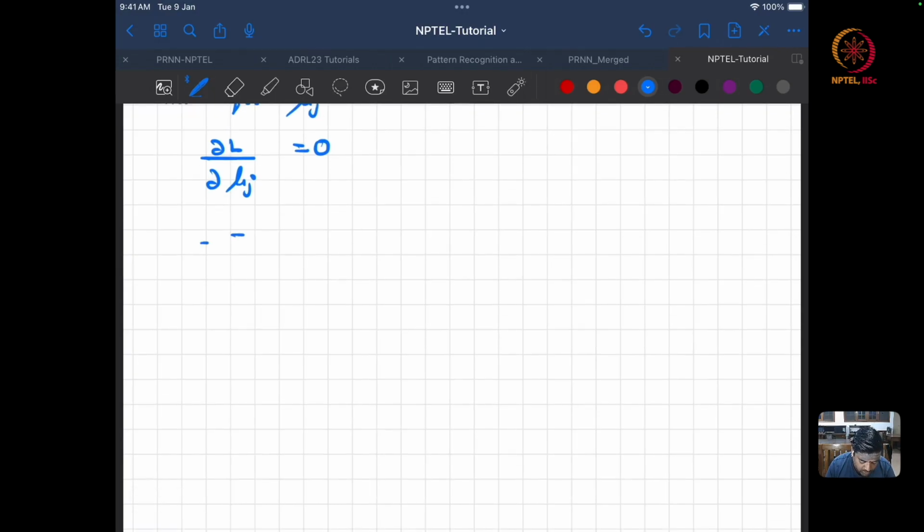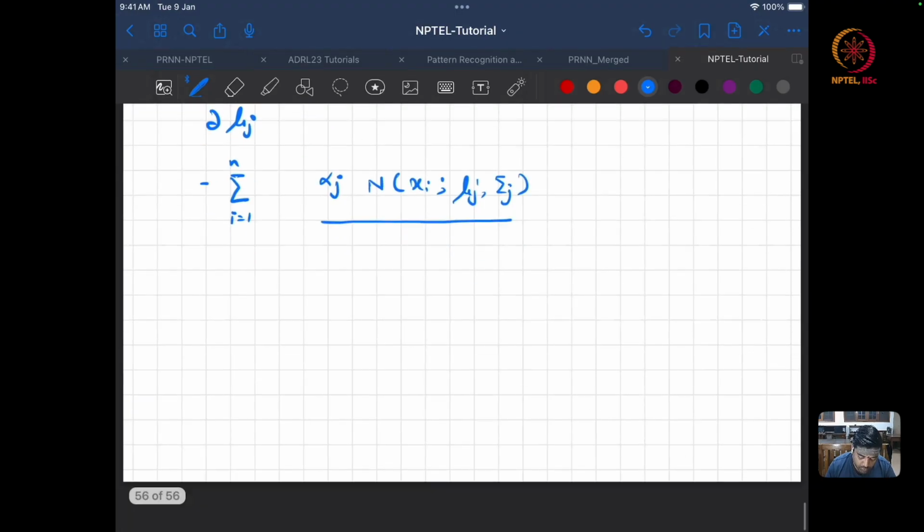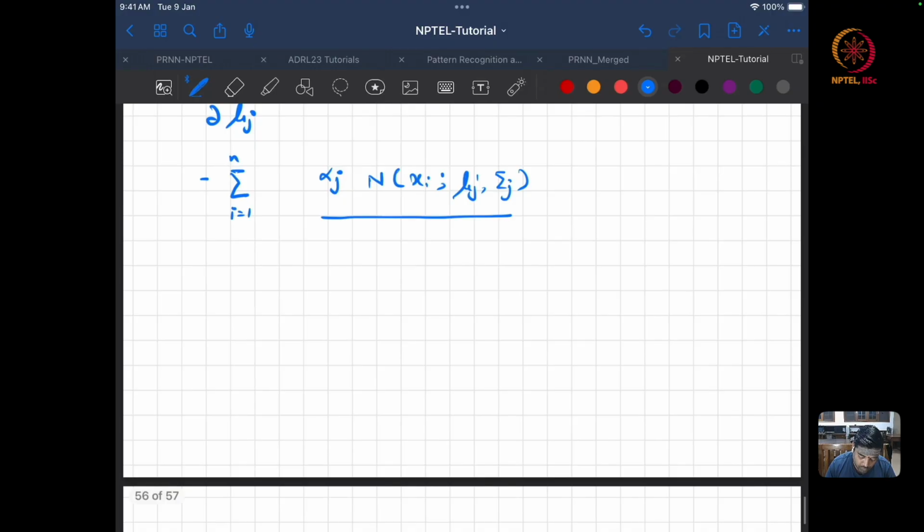So now this will be minus summation i equal to 1 to n, alpha j, and this is the covariance.